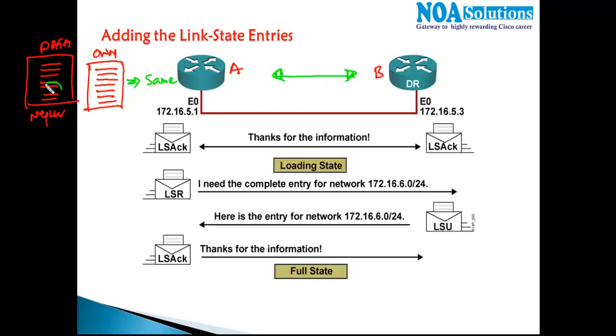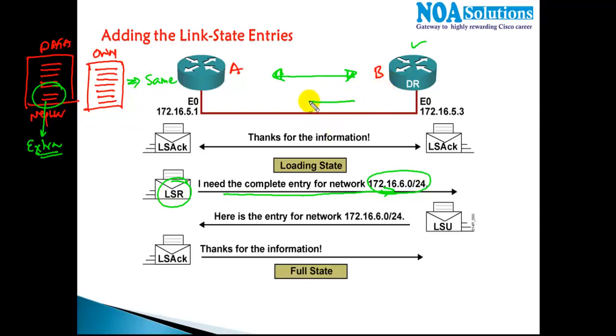Now in case I realize that there are some extra networks, extra information or extra routes, what am I going to do? I'm going to send a request. That's what we call a link state request. And I'm going to say that I need the complete entry for so and so network. The reason is that in your database I have seen some extra information, extra networks or extra routes that I don't have.